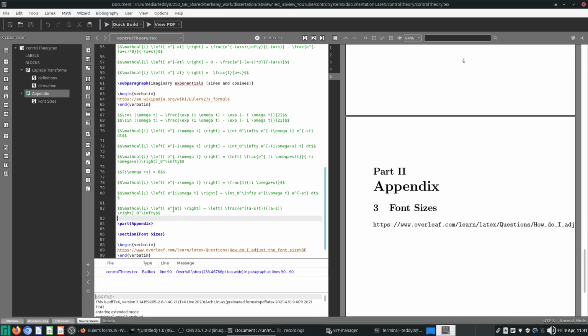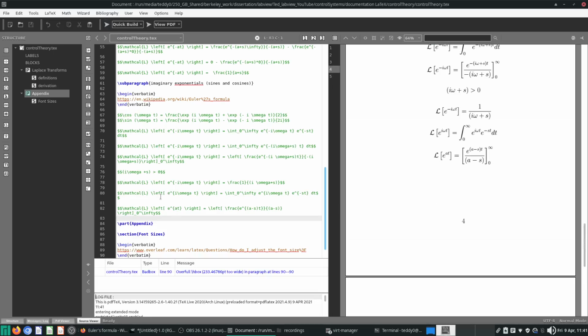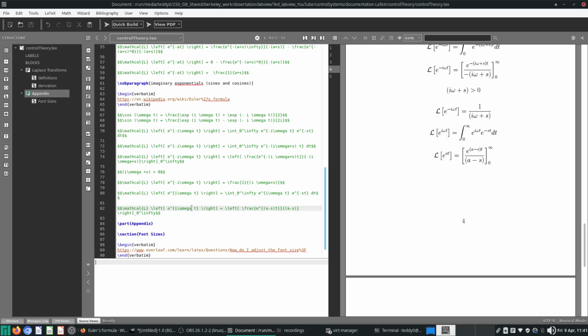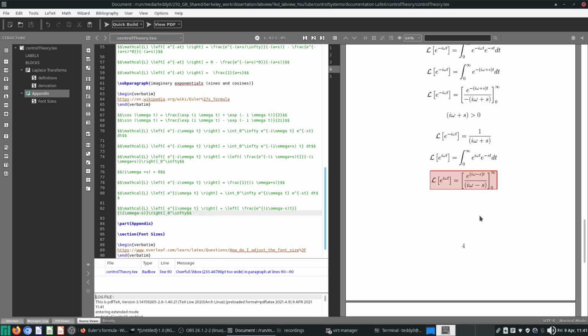Everywhere I see A, I'll just put I omega inside. So it's basically the same. You just treat it as if this was a real thing.